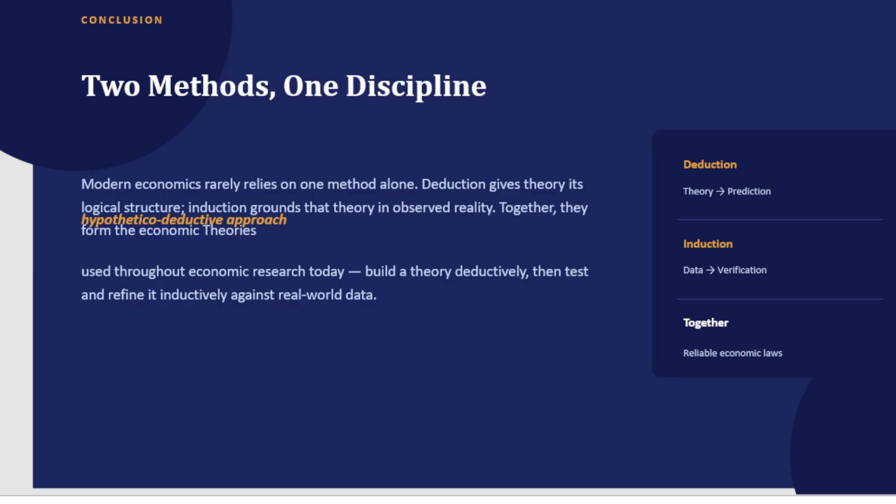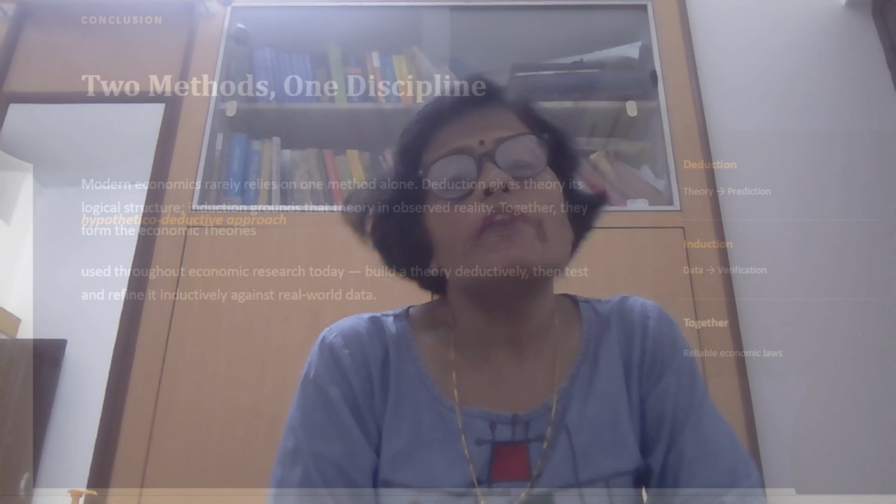I hope you have understood what is deductive and what is inductive. Deductive is an abstract method, and inductive is based on empirical results or data. So deductive is historical method, inductive is experimental method. Both the methods are necessary to get the economic theories.